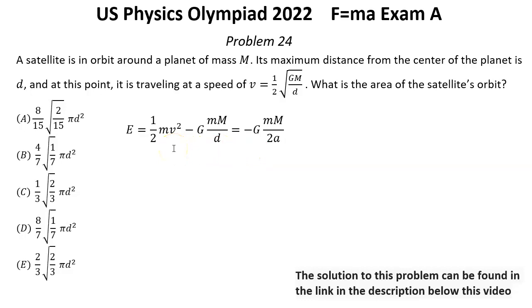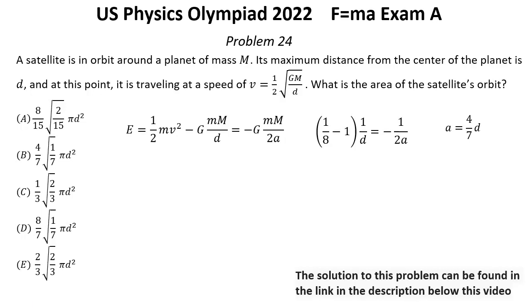Here we can use the expression for the speed v, put it in this equation, and find that the semi-major axis can be expressed using d. That will be 4/7 d. Now let's use Kepler's third law.